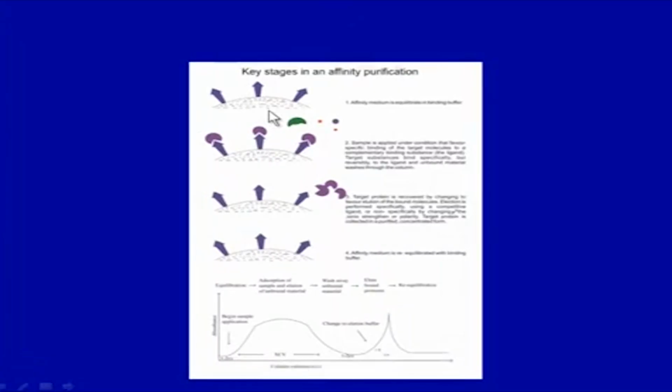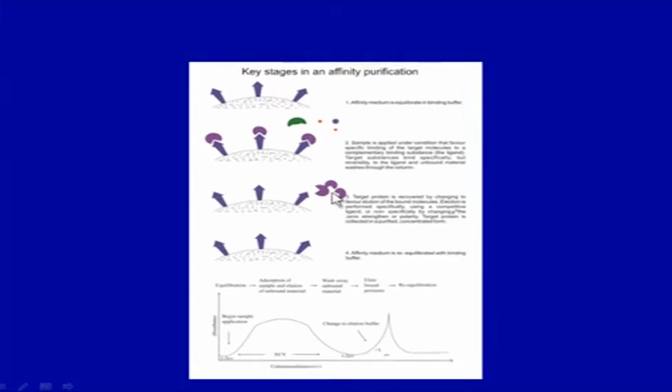If I look at this particular figure, it is very simple. First you have a ligand, which is immobilized, and you have to equilibrate in a particular buffer. These protein molecules come and bind here, and as you can see, non-specific binders will not be allowed.